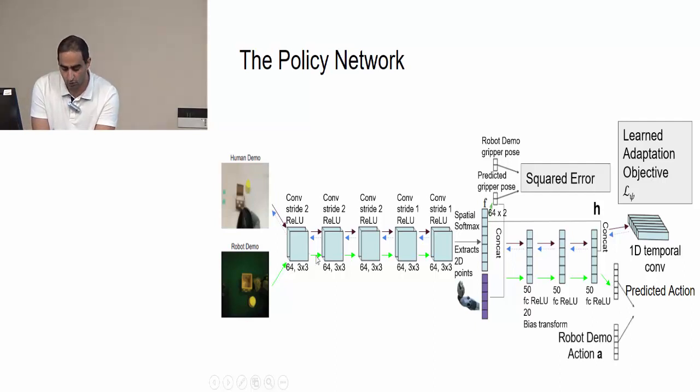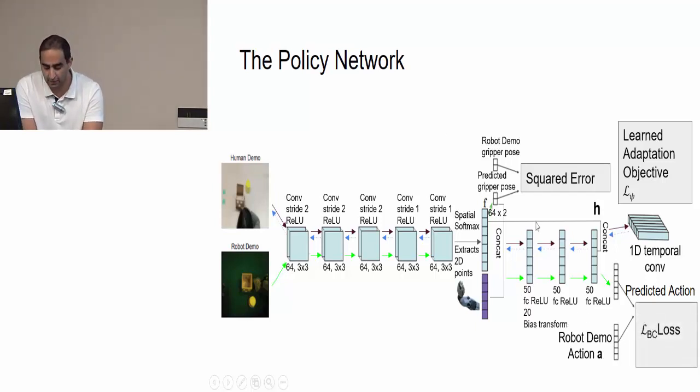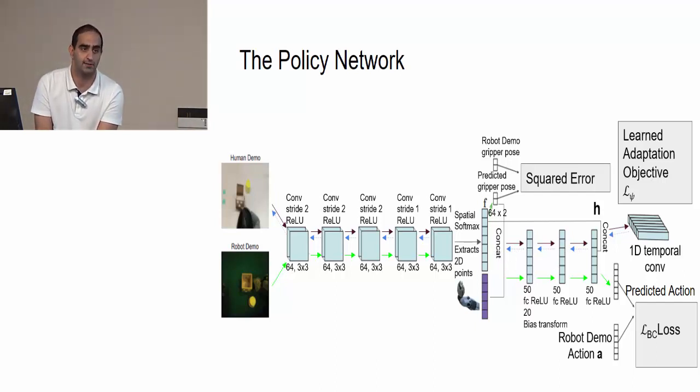We have the robot demonstration action, and we know the actual action that was performed, and we can also calculate the LBC loss. So we calculate this LBC loss, and we update our parameters theta in order to be more optimized for adapting to new tasks.